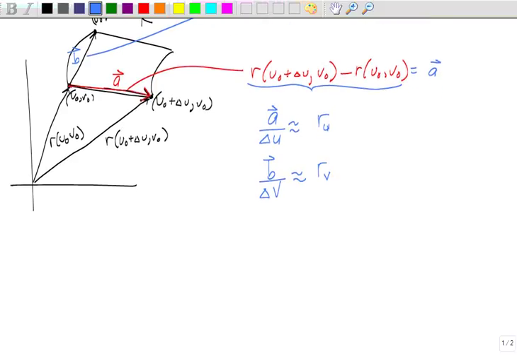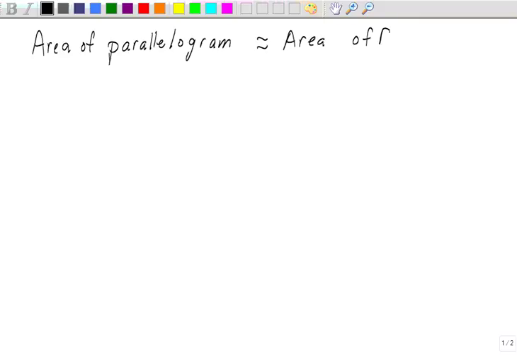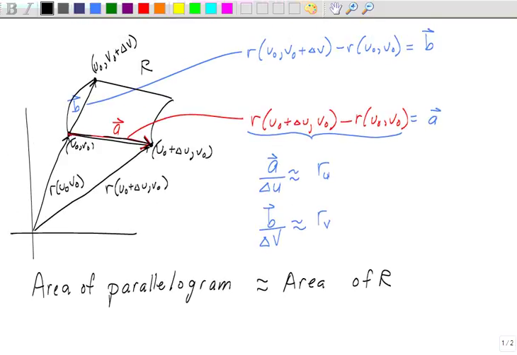Now, the area of the parallelogram made by a and b is approximately the area of R. Let's go back and look at the picture. If I take this parallelogram made by a and b, the area of that is approximately the area of our region.